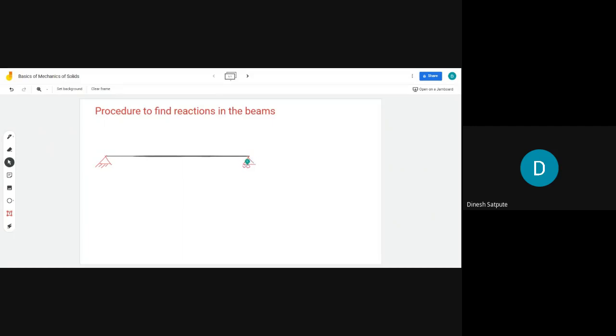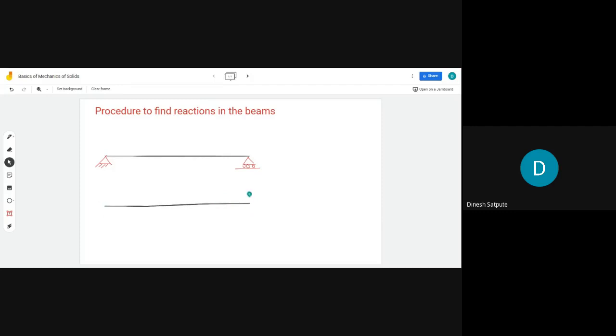This is the typical way in which we show a simply supported beam. So in the case of a simply supported beam, we are going to see which reactions act.